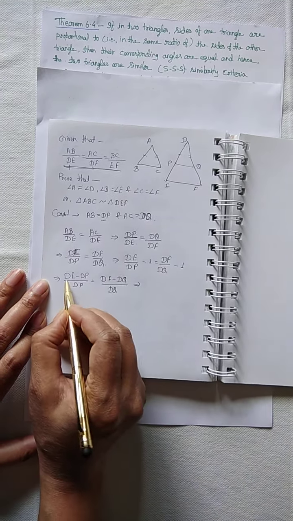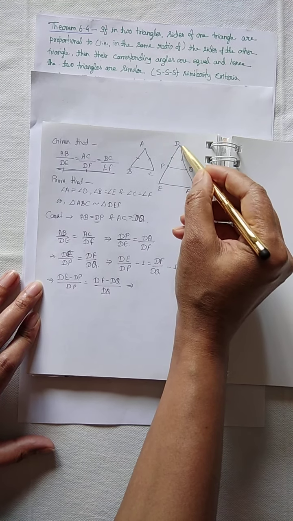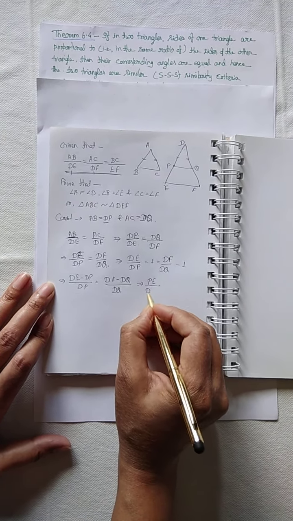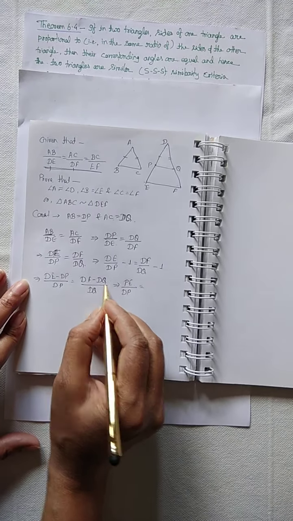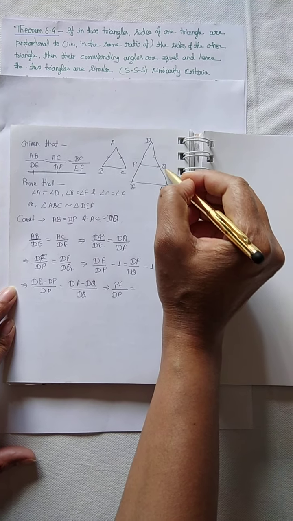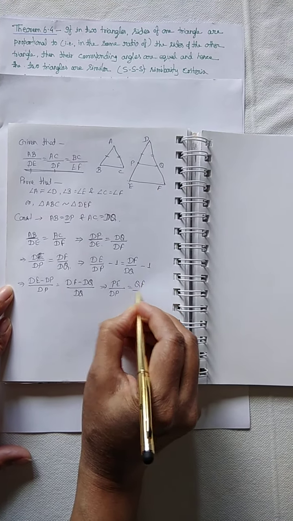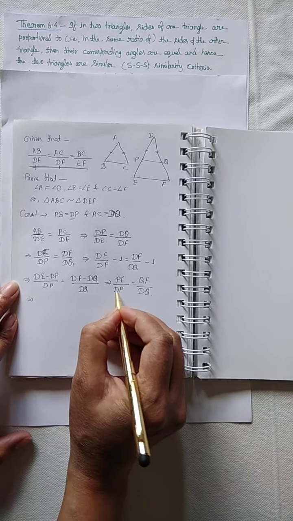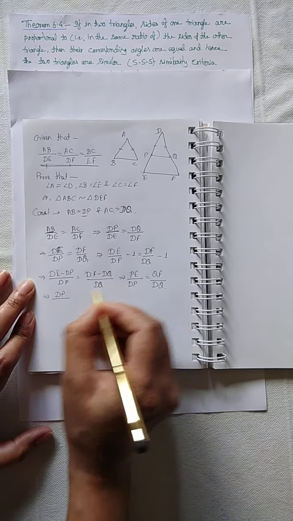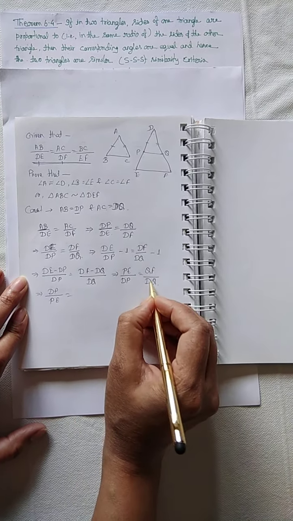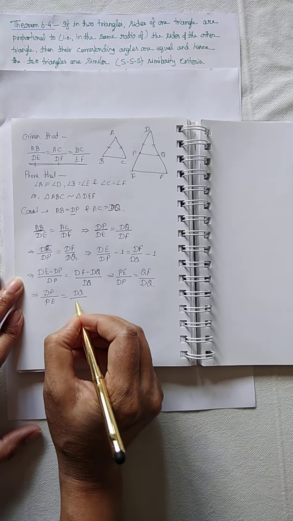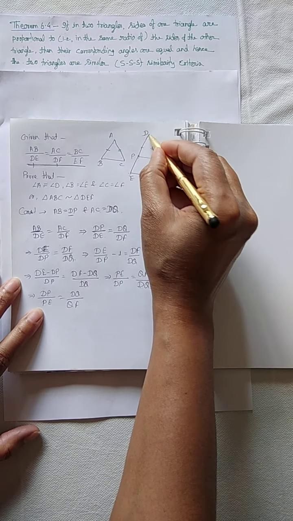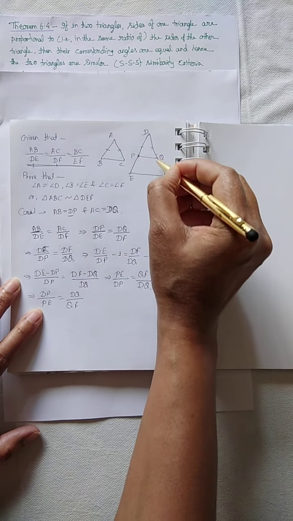What is DE minus DP? It is PE. So PE by DP equals, what is DF minus DQ? It is QF, so QF by DQ. Or we can also write it as DP by PE equals DQ by QF.